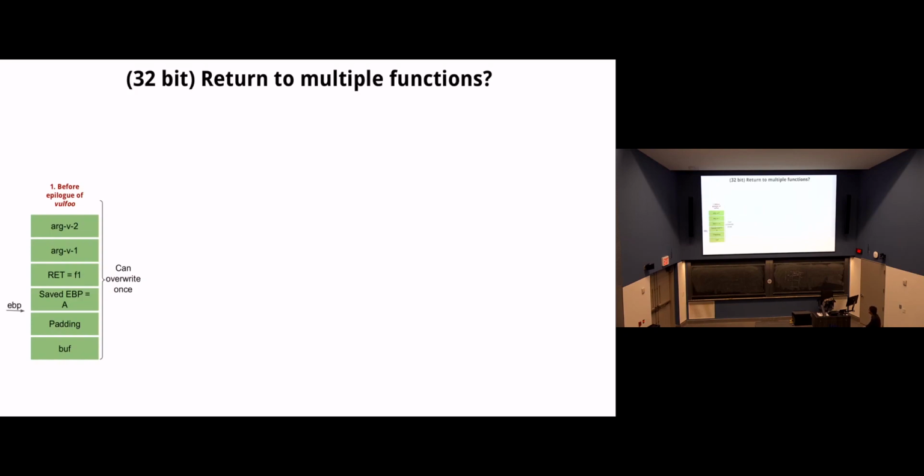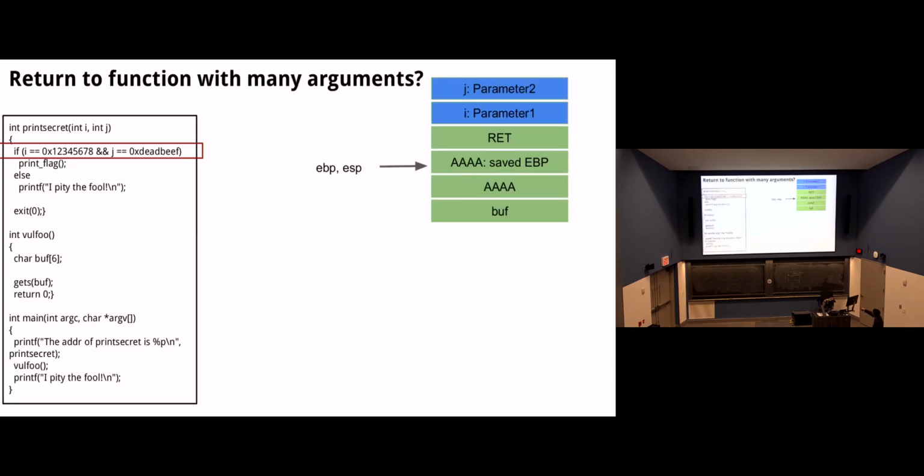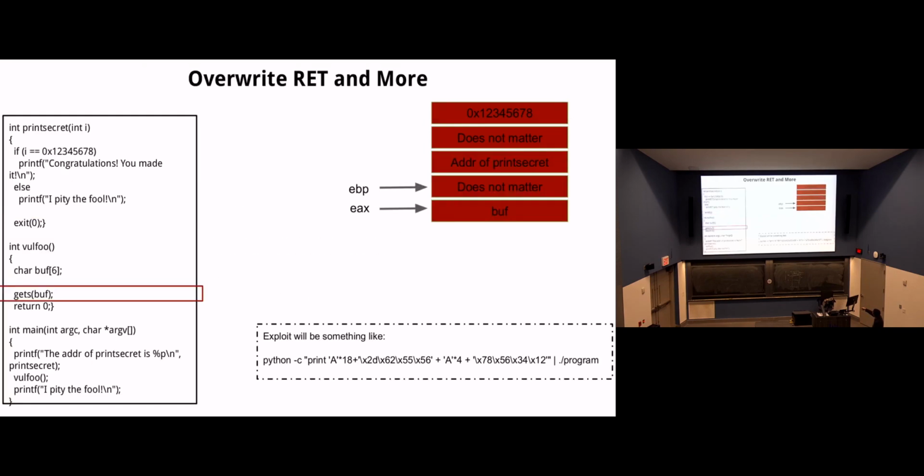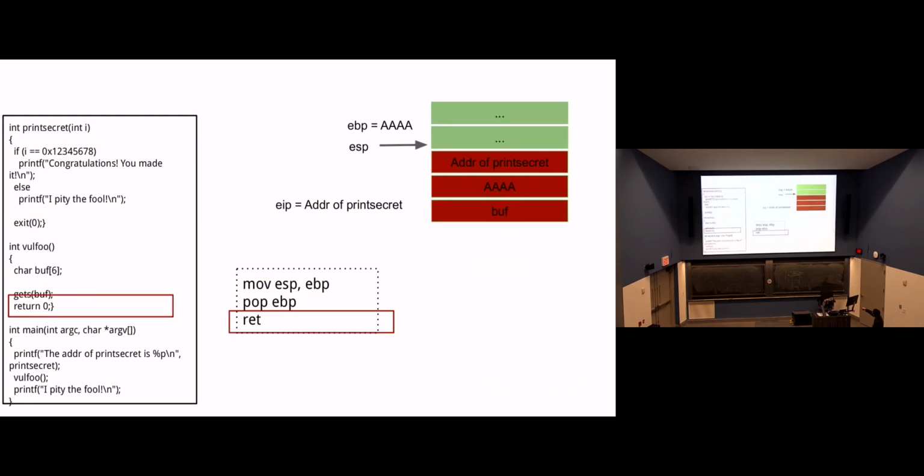You see that we have been returning to one function. So can we return to multiple functions, which return to a chain of functions? If those functions do not have parameters, actually we can chain all of them together. There's an unlimited number of functions we can return to. You can see that originally the return address was here. The next return address will be here.